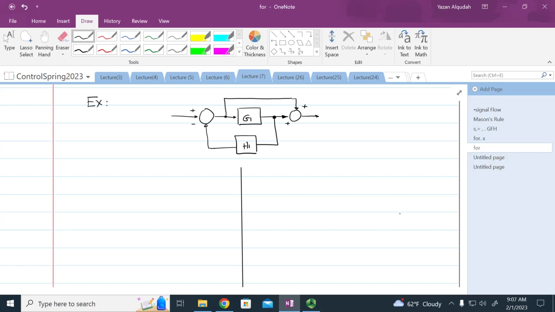Block diagram reduction. How do you do block diagram reduction? Would you try and move the top root to the right of G1, by dividing, or multiplying times 1 over G1? Yes. Okay. What else can you do? Could you move the bottom root? Yes, we can move this one to before.